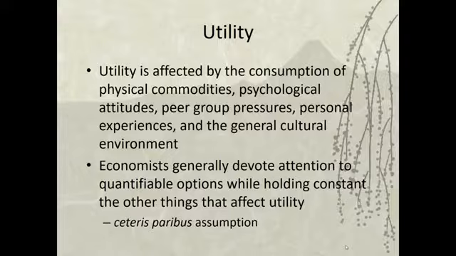Then there is another set of issues. Economists generally devote attention to quantifiable options while holding constant the other things that affect utility, which is called the ceteris paribus assumption. What we are trying to say is that when I say you have a utility, you keep all other factors of influence constant.